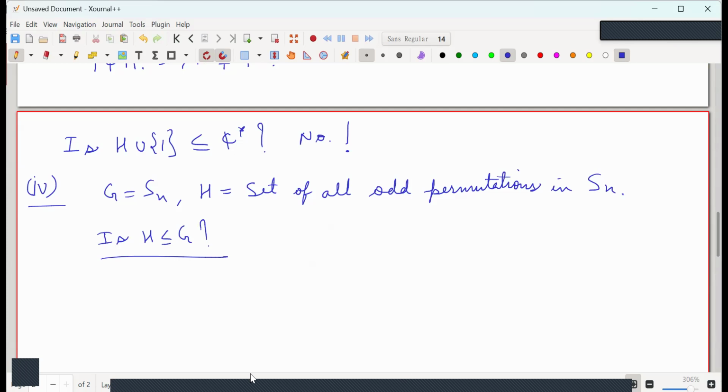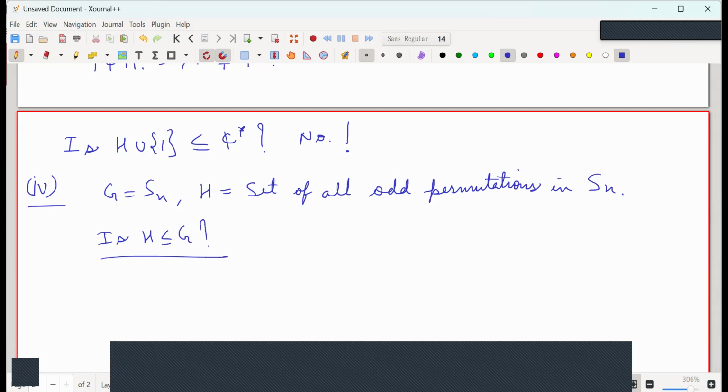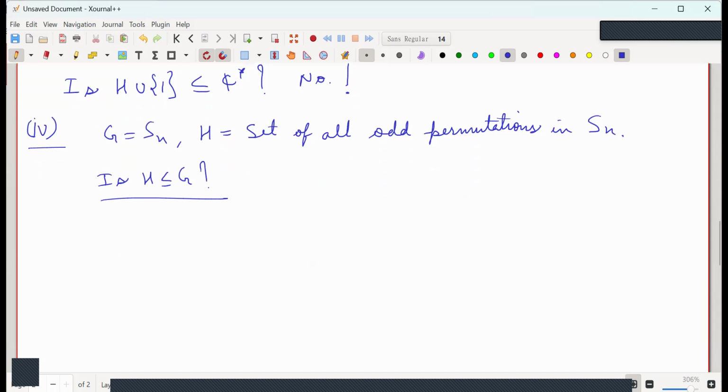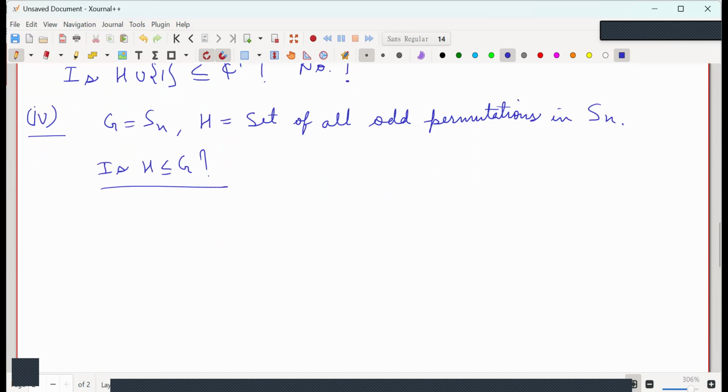Sir, what does odd permutation mean? Okay, so is it not defined in class? Are you familiar with the cycle notation of permutations?